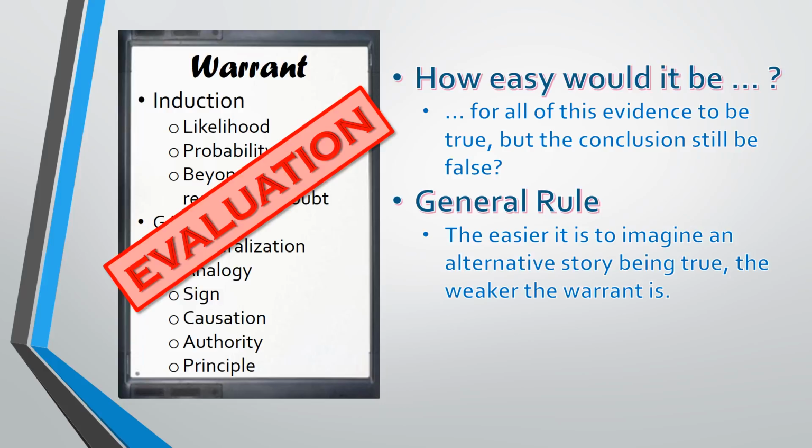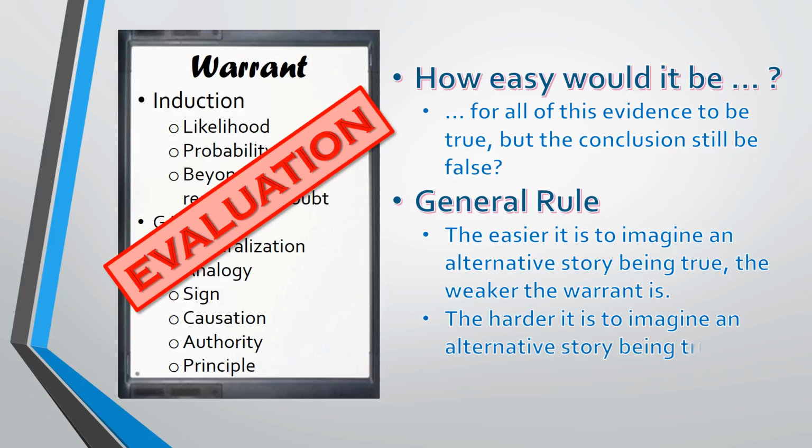So the more likely that it is that some alternative story is the actual story, the less strong the warrant is. The more ways there are for the evidence to be true and the conclusion false. Now, the reverse of this, of course, is also true. The harder it is to imagine an alternative story being true, the stronger the warrant is.